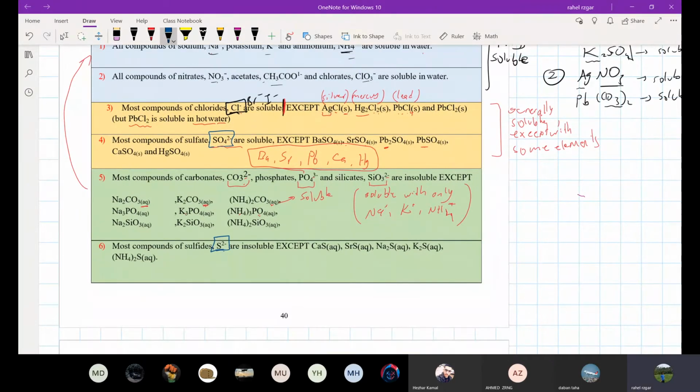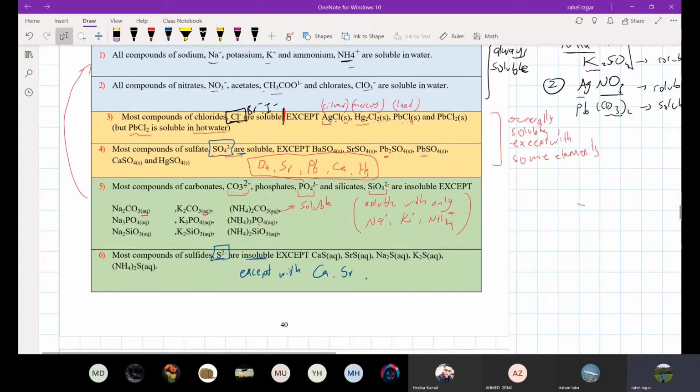It's exactly opposite sulfate. Sulfates are generally soluble, except with these 5. Sulfides are generally insoluble, except with what? Except with 5 things again. Ca and strontium, and of course, which elements are always soluble?